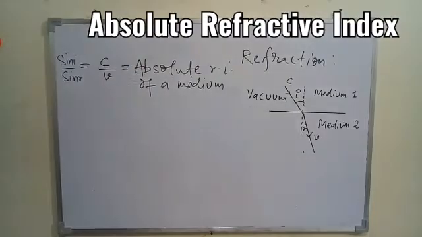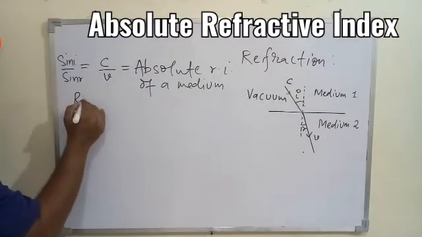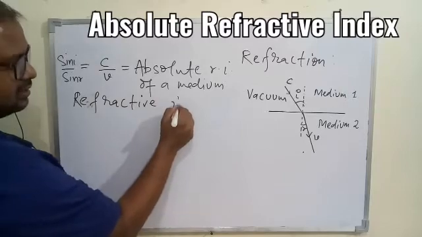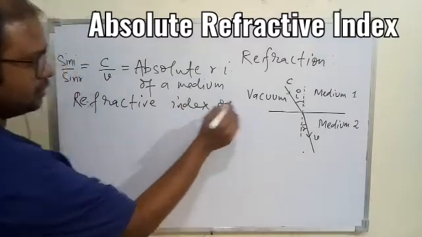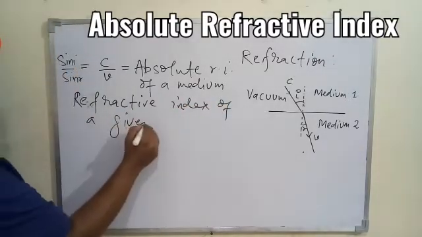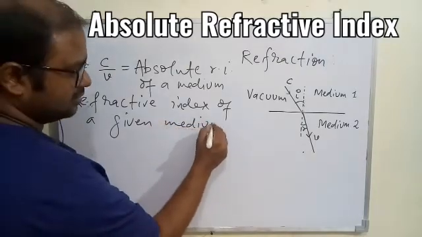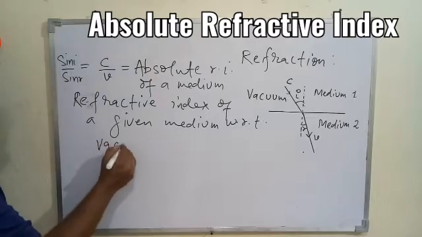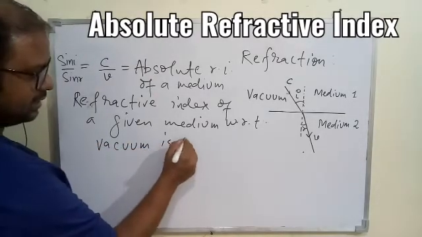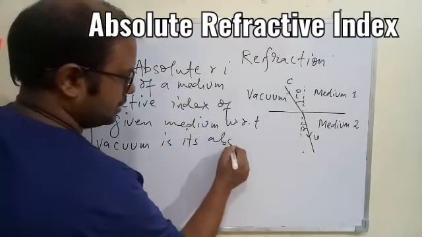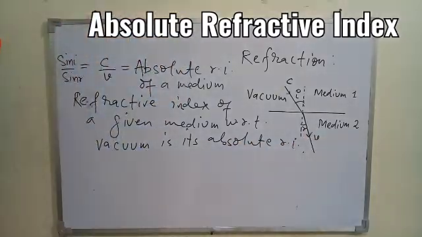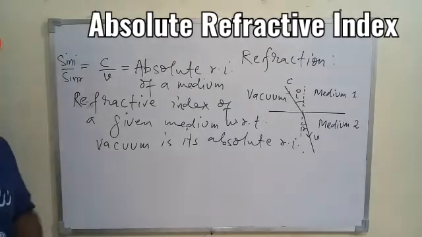How can you define it? The refractive index of a given medium with respect to vacuum is its absolute refractive index. I hope you understood this much.